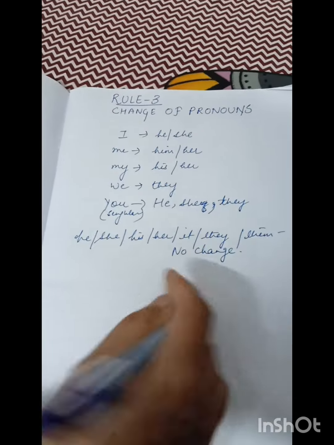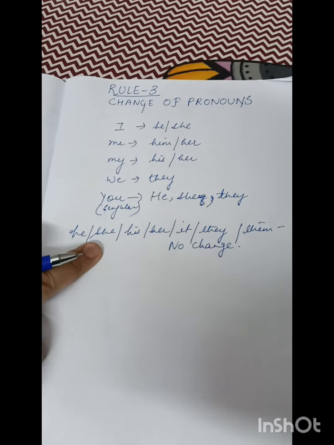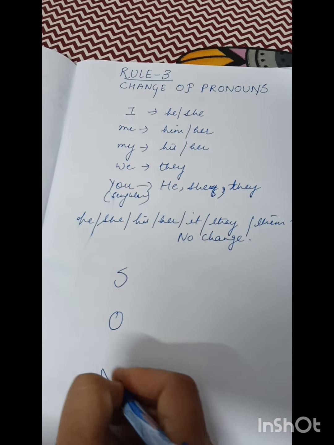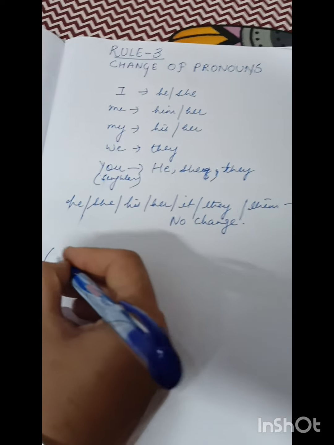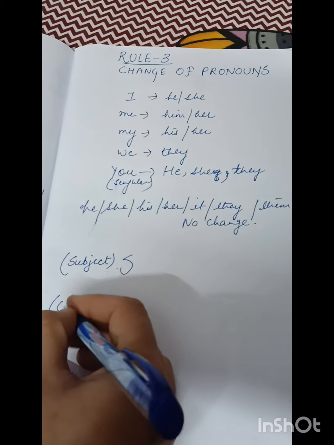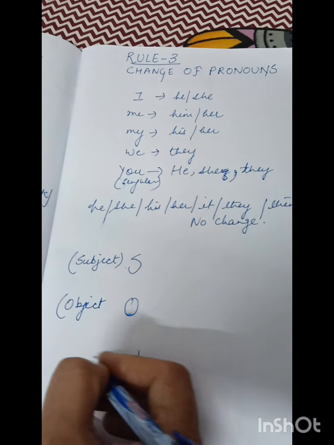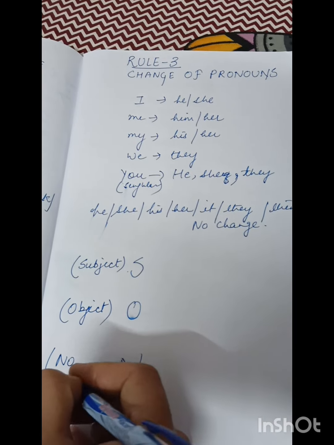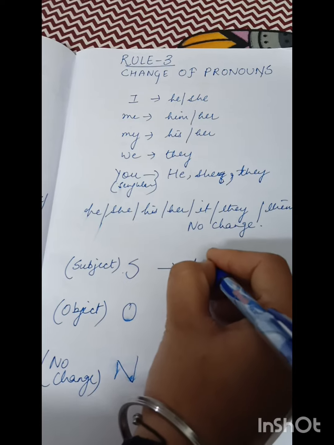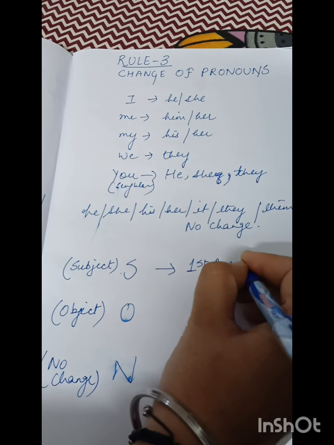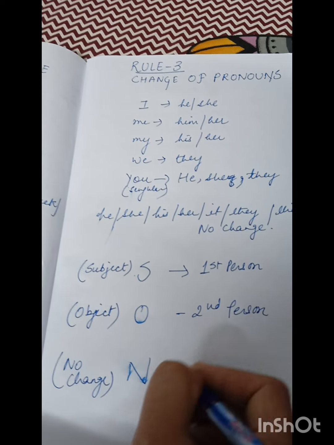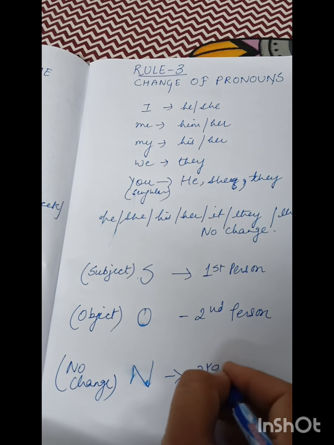But there is a rule for that. There is a trick to solve that. Even if you don't want to learn it, there is a trick to do that. S-O-N. S stands for subject. O stands for object. And N stands for no change. If I talk about subject, let's relate it with first person, second person, and third person.